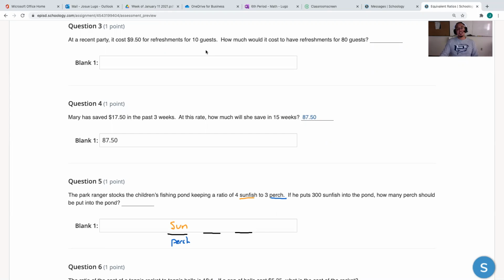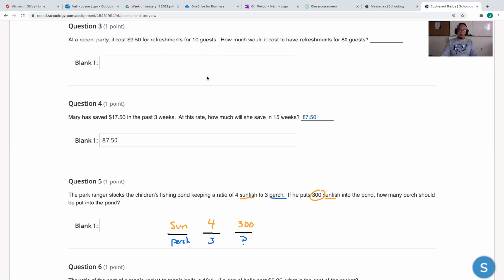Now, the ratio that is given to me of sunfish to perch is 4 sunfish for every 3 perch. And the other piece of important information is that 300 sunfish were put into the pond. So the 300 will go on top with the sunfish. And the question is asking, well, how many perch need to be put in there to keep the same ratio?